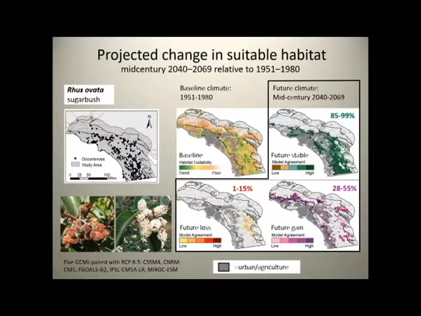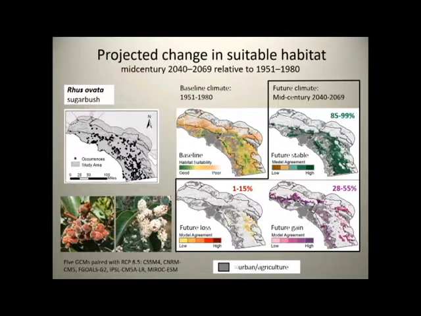And then we project into the future. These maps are showing the range, and this is showing where there's agreement between the 5 models. So in the future climate, on the top right, we see the dark green is where there's agreement between all 5 models, for example.